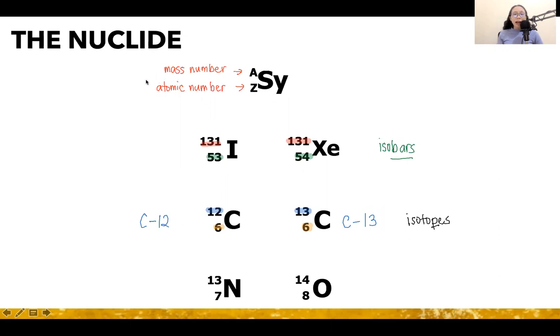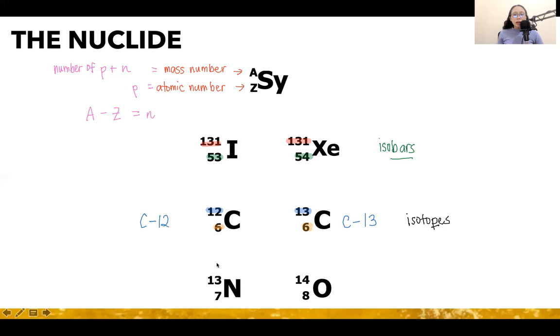Finally, let's look at the last pair. At first glance, you will notice that there is nothing similar about these two. But recall that we determine the mass number by adding the number of protons, represented by P, plus the number of neutrons, represented by N. Your atomic number is determined by the number of protons, which means that if we subtract your atomic number from the mass number, we get the number of neutrons.